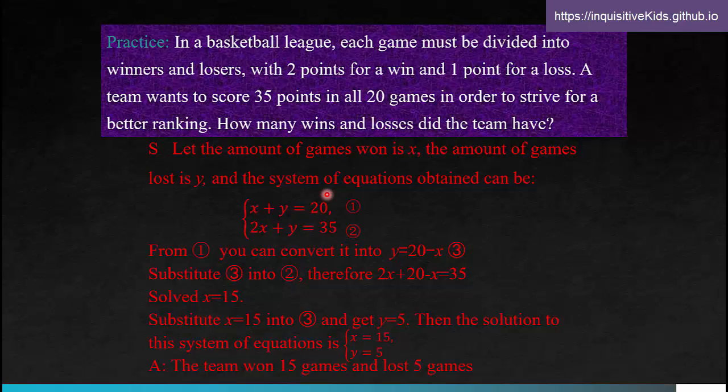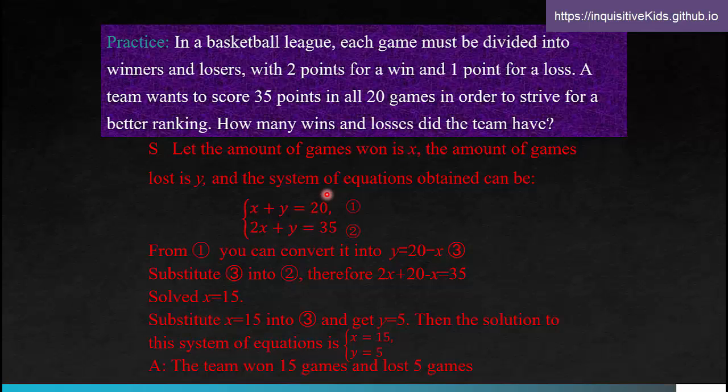So here's our solution. Let the number of games won be x and the number of games lost be y. And so the system of equations obtained is x plus y is equal to 20. That's equation number 1. Equation number 2 is 2x plus y is equal to 35. From equation 1, you can convert it into y is equal to 20 minus x, and that is our third equation. Following similar steps as the previous problems, we substitute that new converted equation into equation number 2.